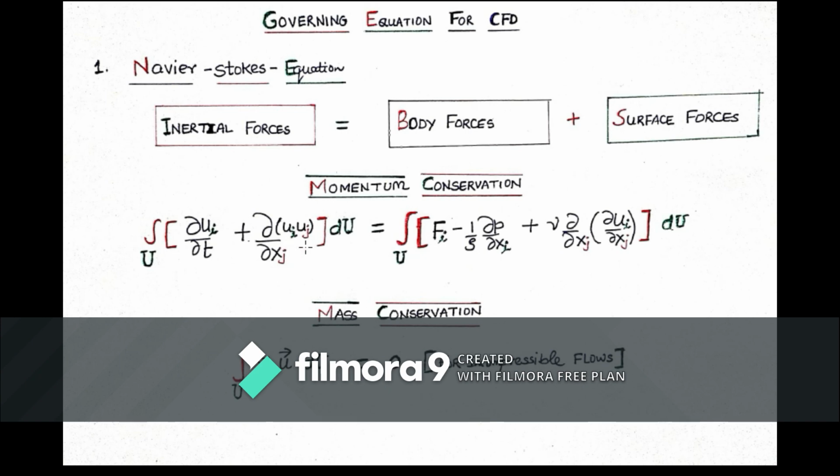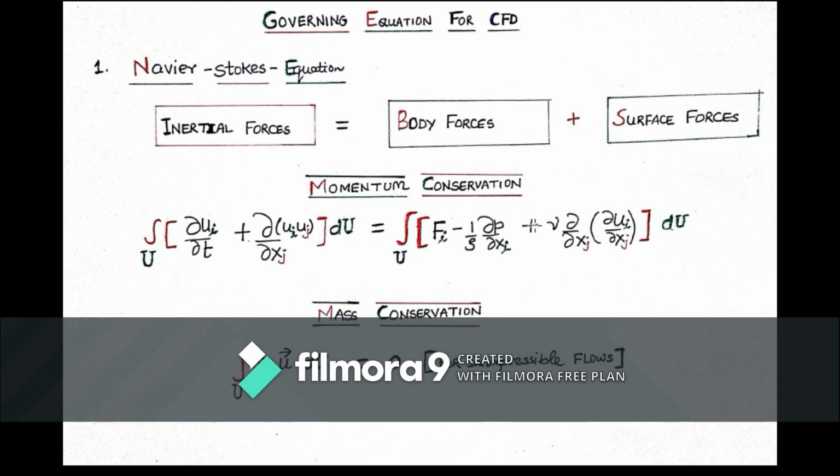Now for the right hand side we have body forces like gravity, electrostatic forces, Coriolis forces, centrifugal forces, and so on. For the surface forces we have pressure and shear forces.